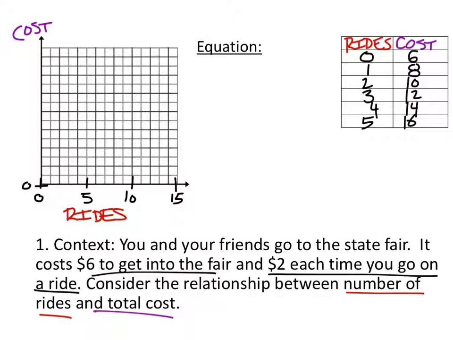The cost, however, goes up by 2 each time, so I'm just going to say that each line represents 2. So there'd be 2, 4, 6, 8, 10, 12, 14, 16, 18, 20, and so on up to 30.